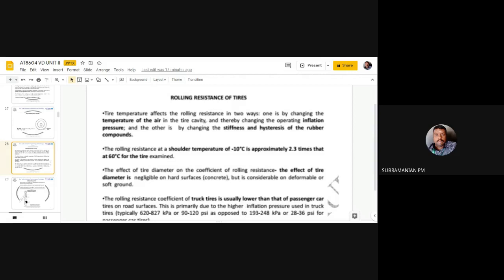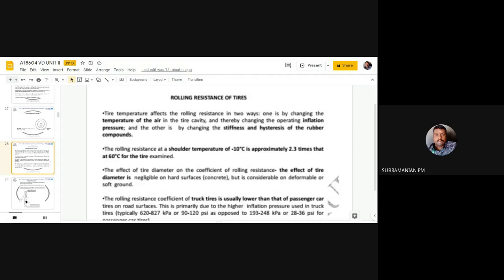You have to remember that at a temperature of minus 10 degrees Celsius, my rolling resistance is approximately 2.3 times that at 60 degrees. See the temperature range and how it influences the rolling resistance. At minus 10, the rolling resistance will be increased compared to the same tire at 60 degrees.